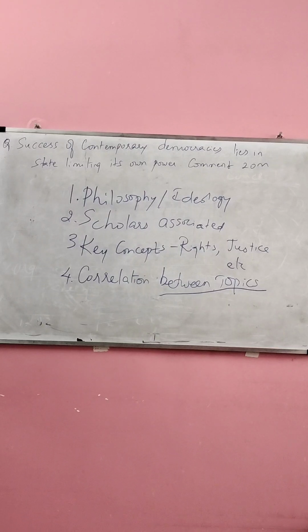So correlation is very important. Ensure to correlate. Correlate between topics, correlate between subtopics, correlate between paper 1 and paper 2, correlate between different scholars. For example, Gandhi and Marx can be correlated. Both were radical humanists. There is a difference between the ideology of Gandhi and Karl Marx, but humanism brings Gandhi and Marx together. This is called correlation.